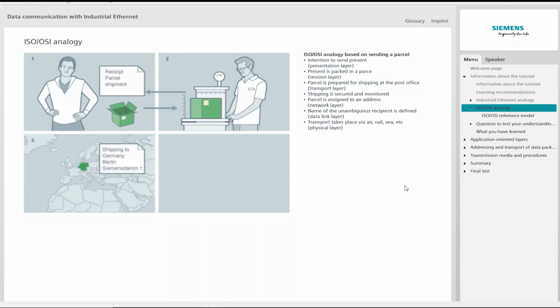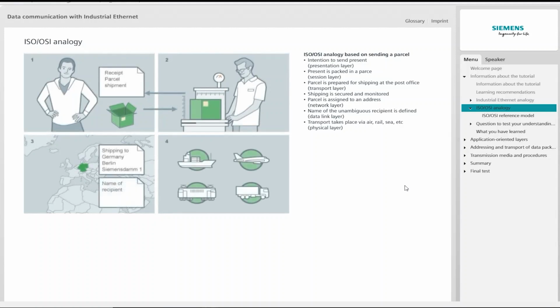The country and town are then unambiguously defined for delivery. In the ISO OSI model, this corresponds to the network layer in which the IP address of the network node is specified. In the final step, the parcel is sent over the transport route available. In the ISO OSI model, we refer to the physical layer which defines the medium for transmission.